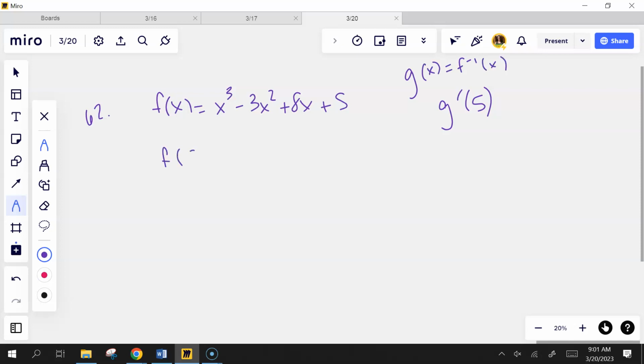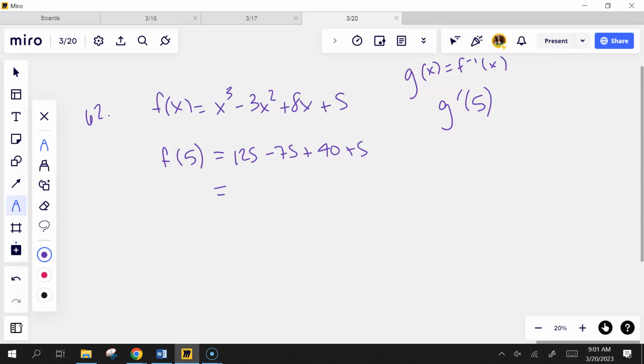I'm going to do f of 5 first, and that's going to give me 125 minus 75 plus 40 plus 5. Well, what we get here, we're going to plug into the derivative. And then we're going to reciprocate it.